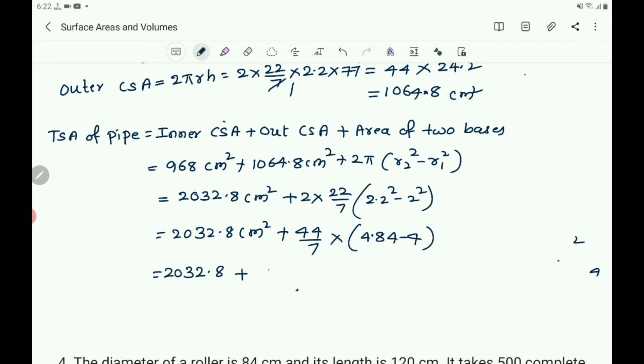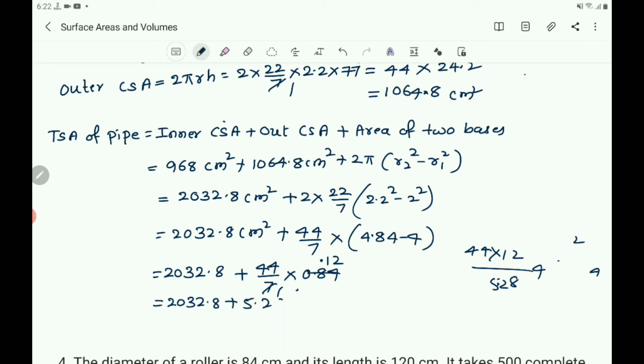That equals 2032.8 plus 44 by 7 into 4.84 minus 4 is 0.84. 7 ones are 7, 12, then 44 into 12: 12 fours are 48, 12 fours are 48 plus 4, 52, you will get 5.28. Then it is 2032.8 plus 5.28.